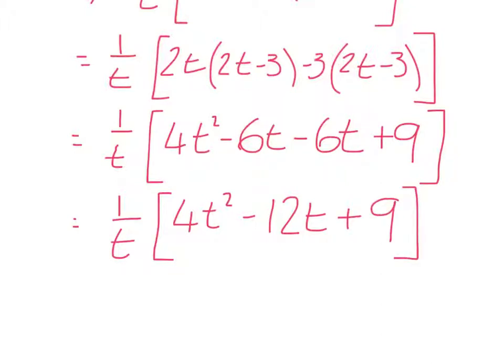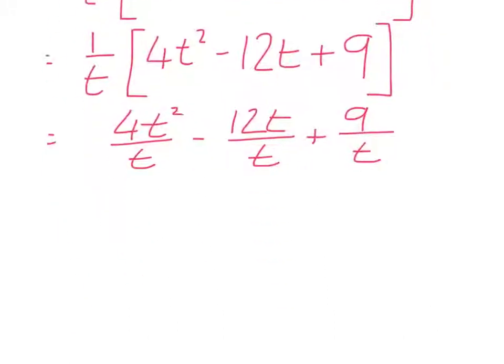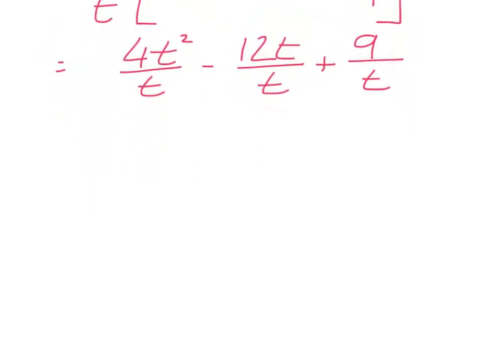And now we're going to multiply through by the 1 over t. So 1 over t times 4t squared is 4t squared over t, take away 1 over t times 12t, which is 12t over t, and then 1 over t times 9, which is 9 over t. What we can do now is simplify.